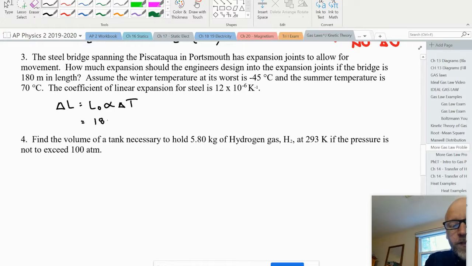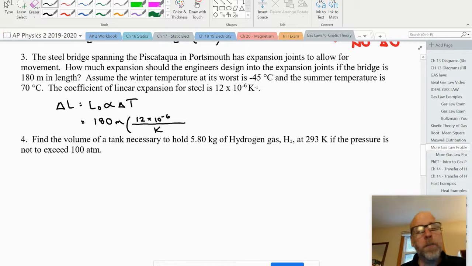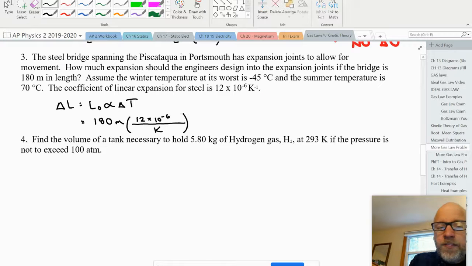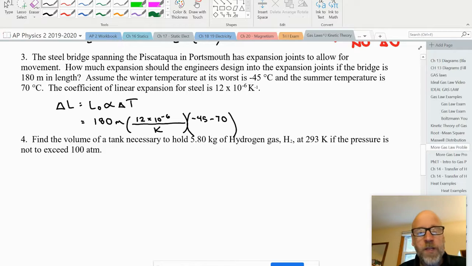So if we have a bridge that's originally 180 meters, and there's a coefficient of linear expansion of 12 times 10 to the minus 6, and it's basically per Kelvin, or 1 over Kelvin. And then the change in temperature, I'm just going to look at the temperature range. So the difference from minus 45 to 70, the difference is 115, right?